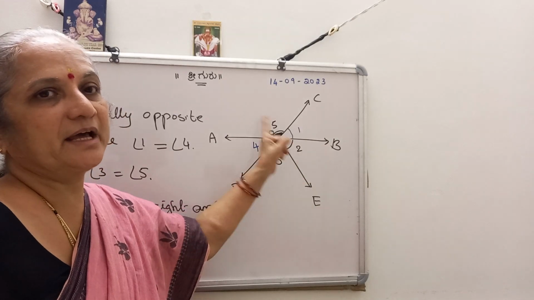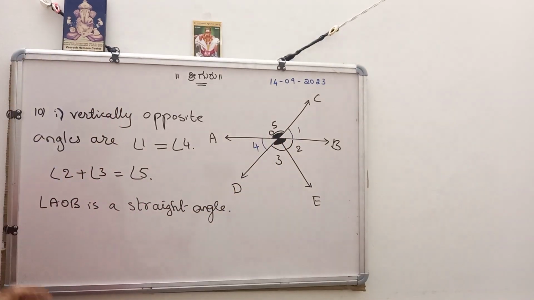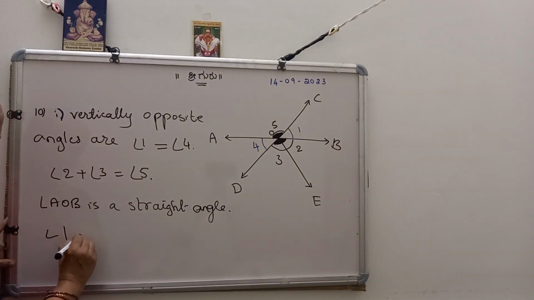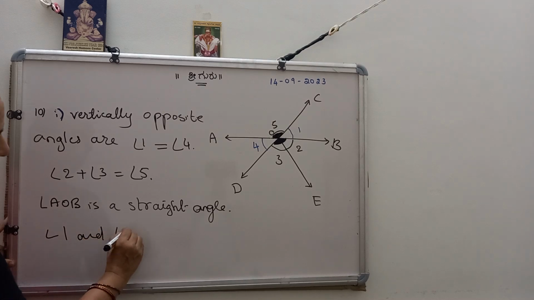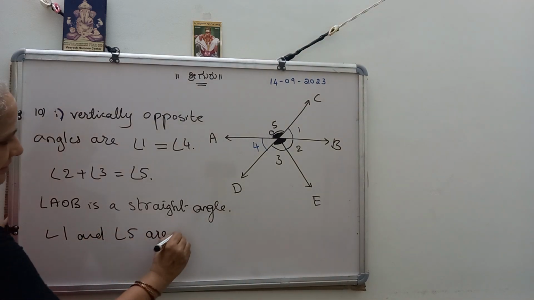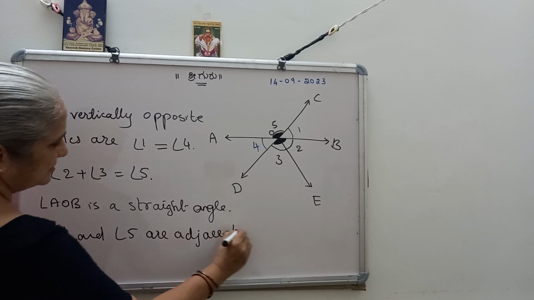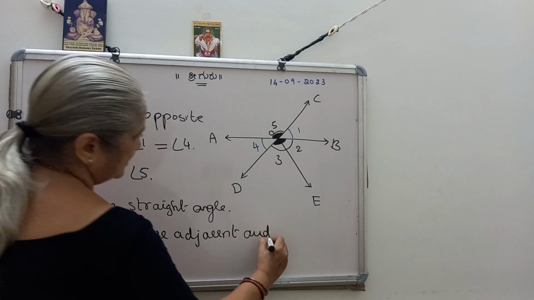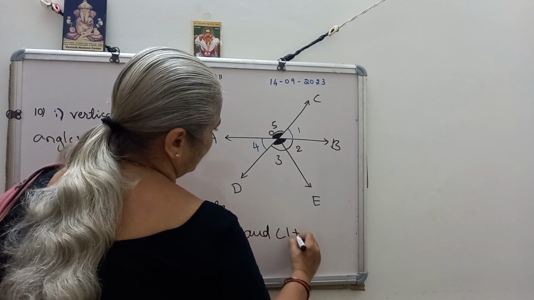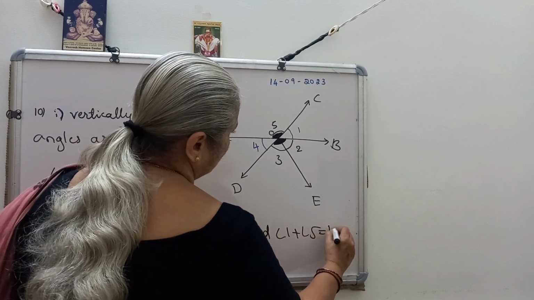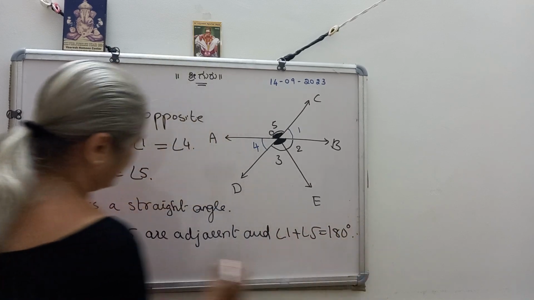Therefore, they are adjacent and they are supplementary. Angle 1 and angle 5 are adjacent and angle 1 plus angle 5 is equal to 180 degrees.